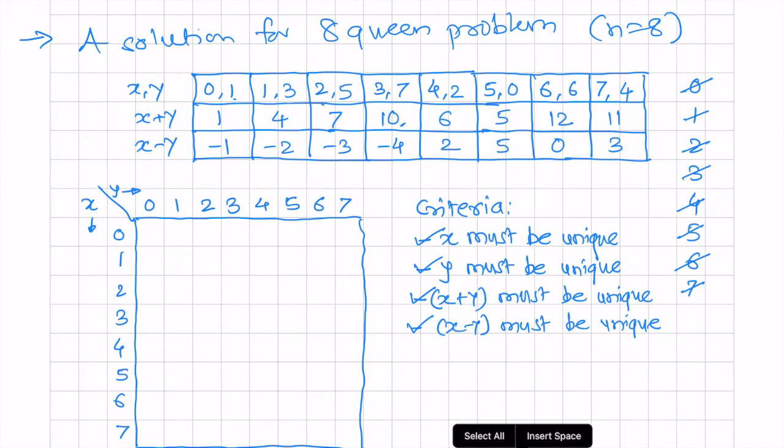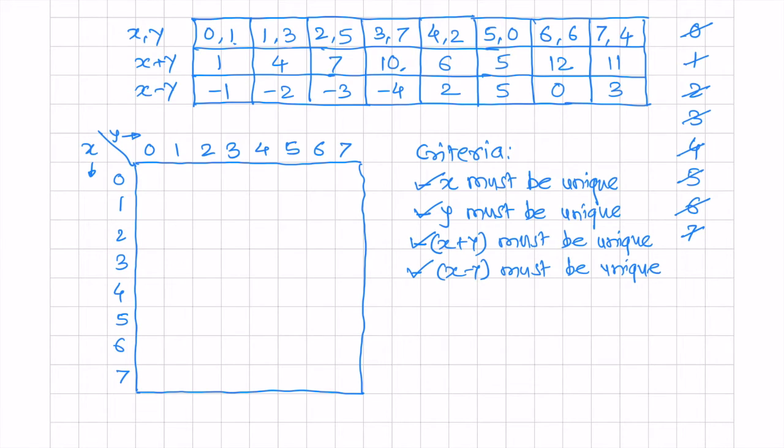Let's verify that. The first queen is present at 0, 1, so this is where we have a queen. Then 1, 3, then 2, 5, 3, 7, 4, 2, 5, 0, 6, 6, and 7, 4.